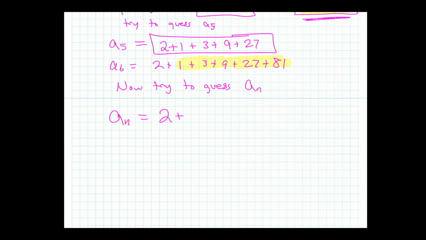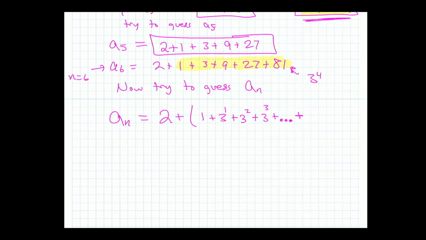So they are 1 plus 3 to the 1 plus 3 to the 2 plus 3 to the 3 plus dot dot dot. Where do you stop? What power do you stop at? You have to compare it. On this term right here, n was 6, and 81 is 3 to the 4.